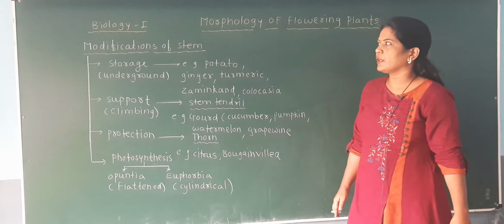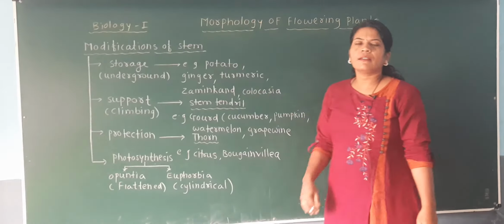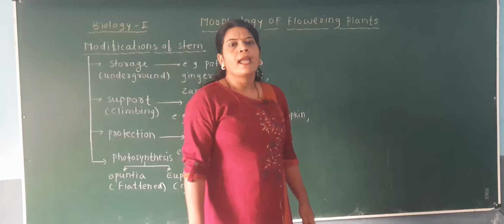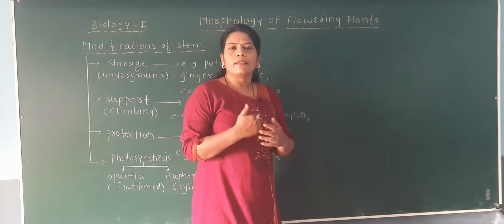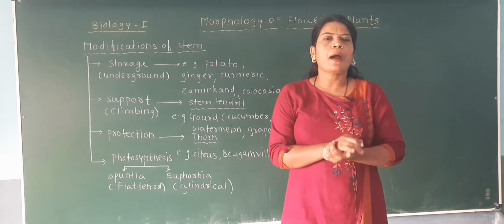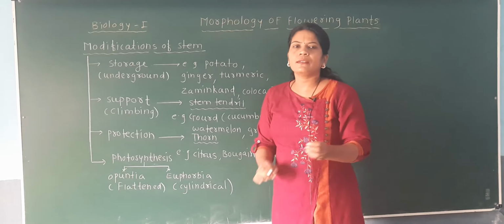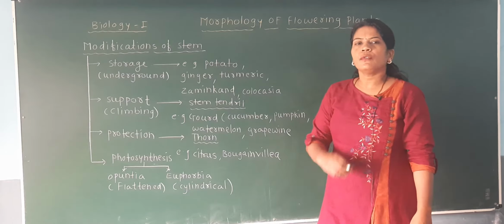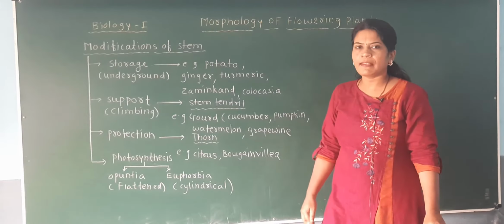Welcome to today's lecture. We have started our topic, morphology of flowering plants. In our previous lecture we saw the root part of the plants, and we have just started the stem part of the plant. So we will revise some points of the previous lecture.